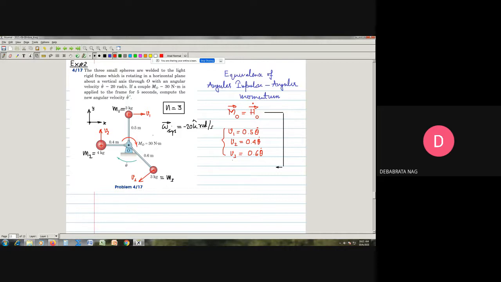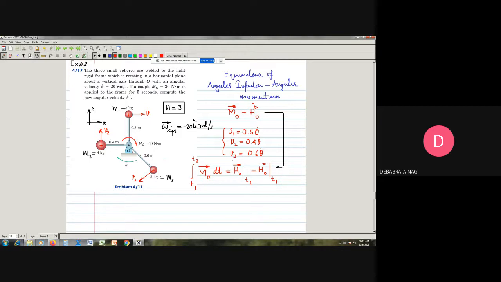It is integration from a definite time interval, say t1 to t2, of M bar O dt, that is this impulse, which will be equal to H bar O at time t2 minus H bar O at time t1. Now again, this is a vector equation. We can bring down the corresponding scalar equation.